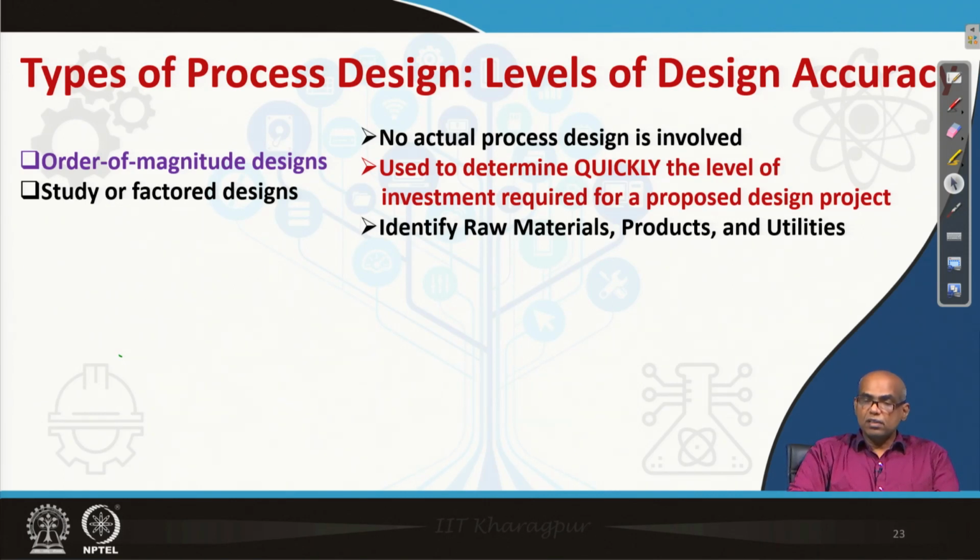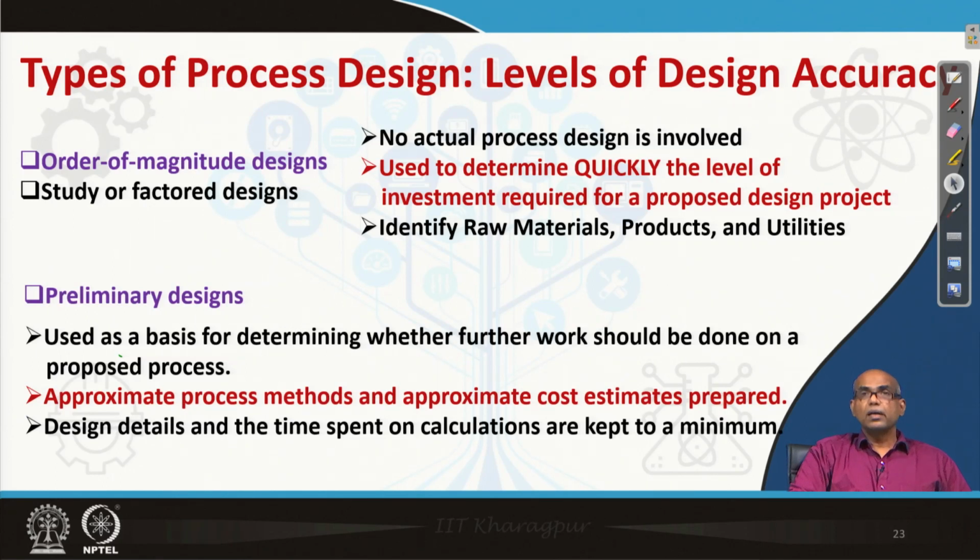You identify raw materials here, you identify products and utilities, and you try to come up very quickly with the level of investment that is required. Next, preliminary designs. This is used as a basis for determining whether further work should be done on a proposed process. Approximate process methods and approximate cost estimates are prepared. Design details and the time spent on calculations are kept to a minimum.